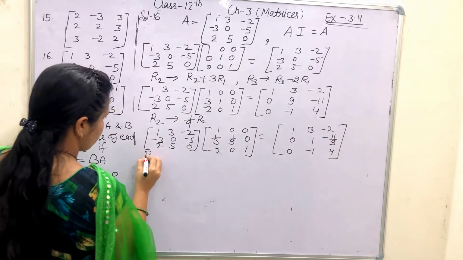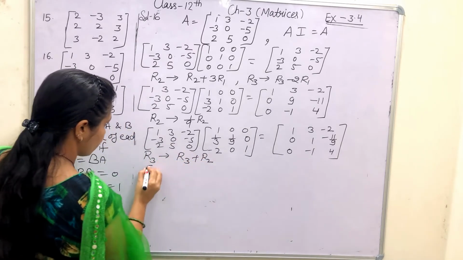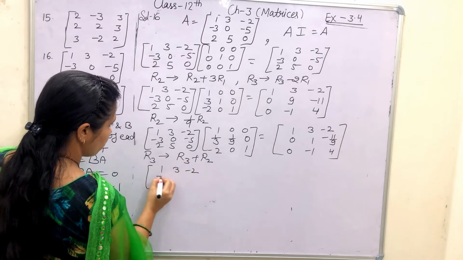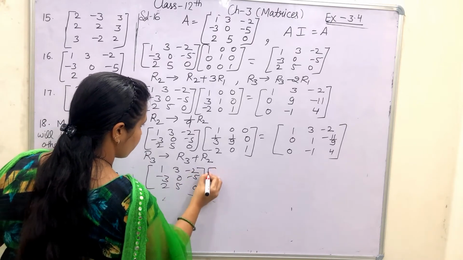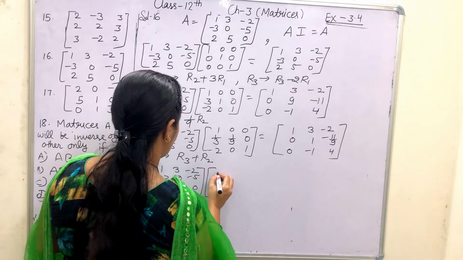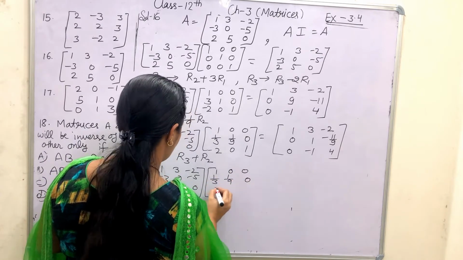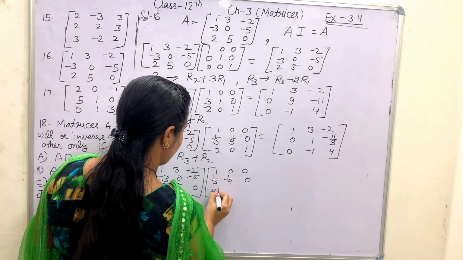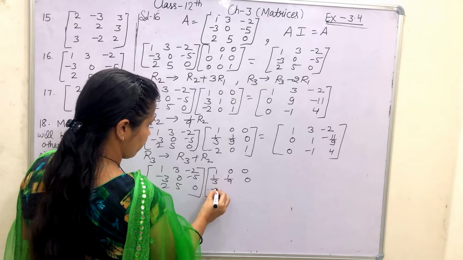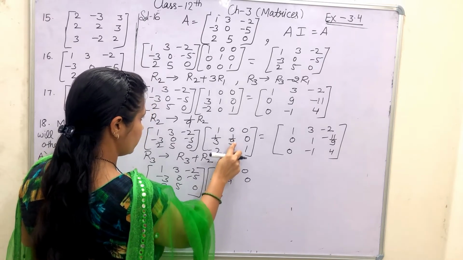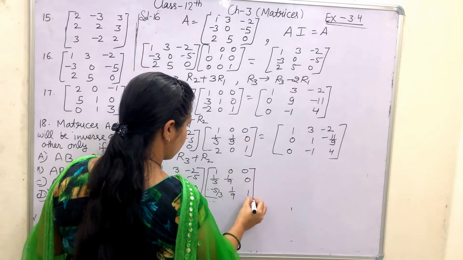Now on R3 plus R2. 1, 3, minus 2, minus 3, 0, minus 5, 2, 5, 0. Here is 1, 0, 0, 1 by 3, 1 by 9, 0, minus 2 plus 1 by 3, that is minus 6 plus 1, minus 5 by 3. 0 plus 1 by 9, and this is 1 plus 0, that is 1.